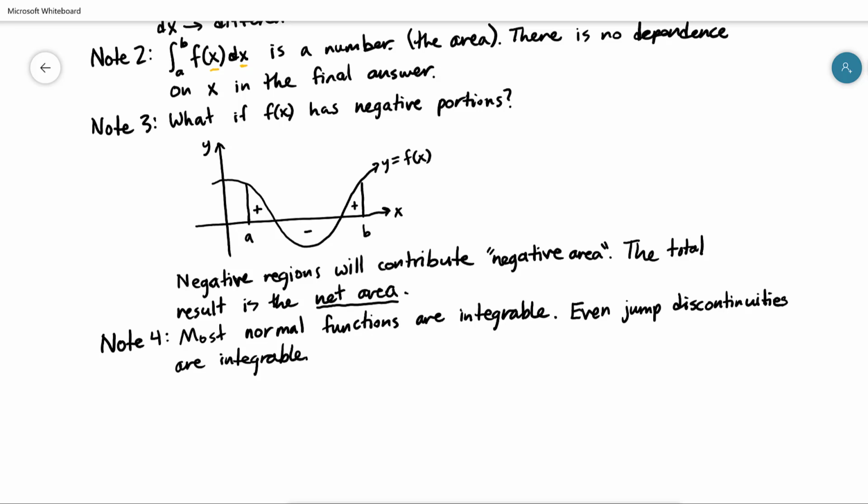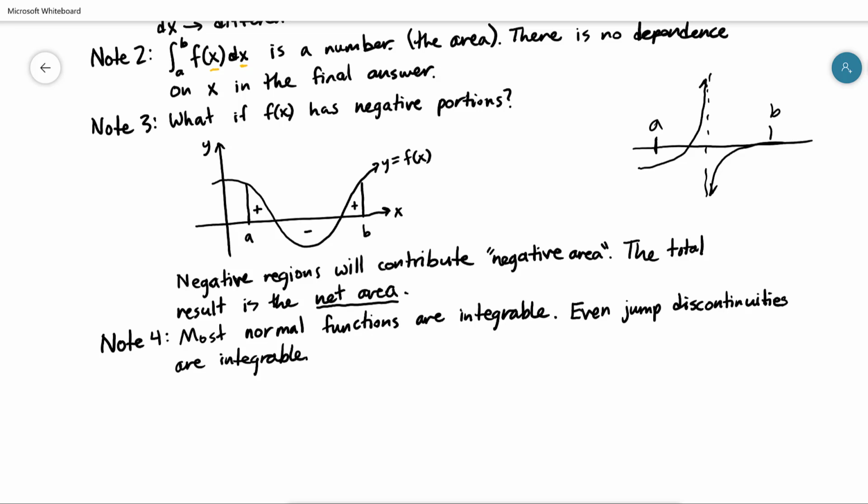So as long as we have a finite number of these types of discontinuities, we're going to be okay. The only question that we're really going to have to worry about is what happens if we're trying to integrate and we go across some sort of axis, here's where A is, B is over here, let's draw it on the top.